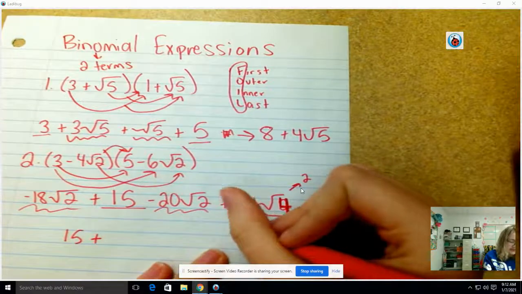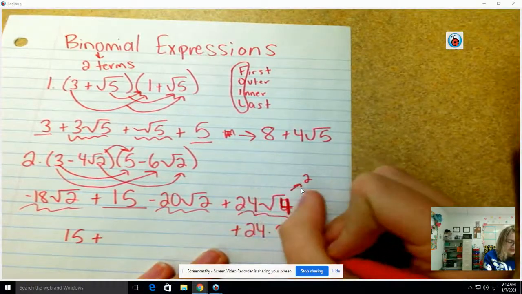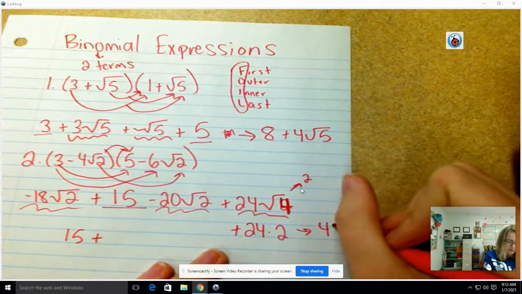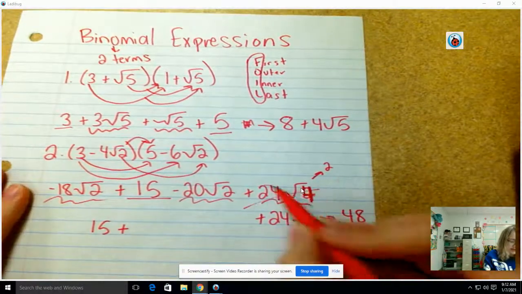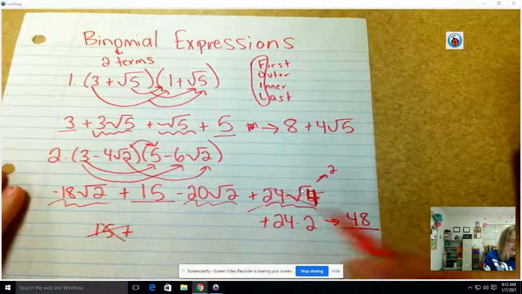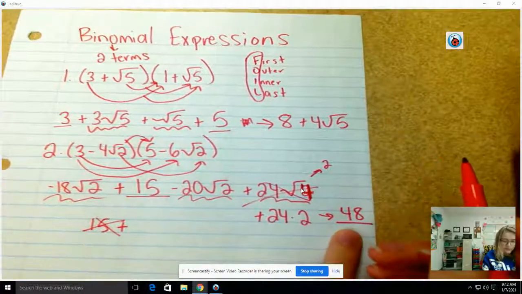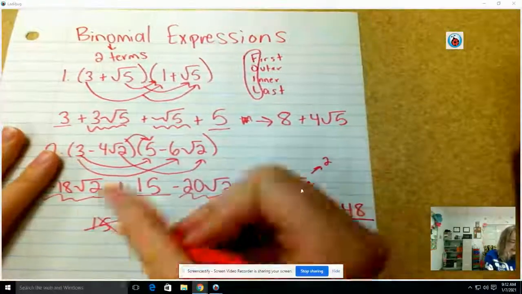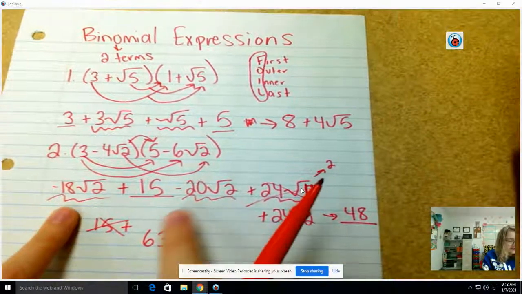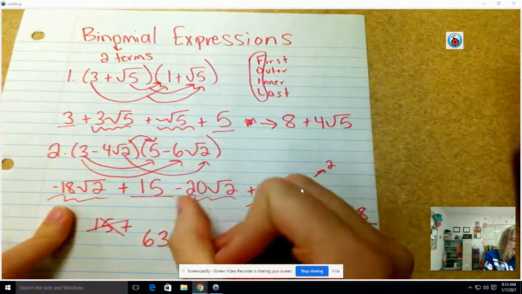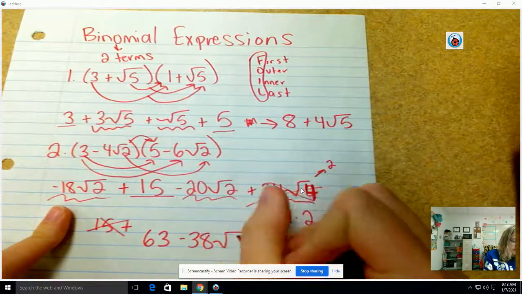So this gives me 24 times 2, which is 48. I'm actually going to have two whole numbers there, so get rid of that one. My apologies for that. So 15 plus 48 gives us 63. And then negative 18 plus negative 20 gives me negative 38 radical 2.